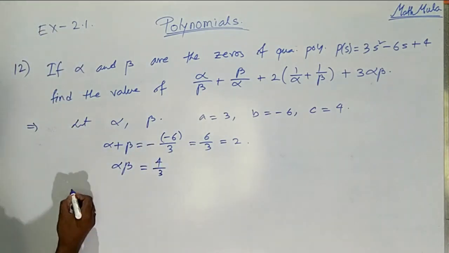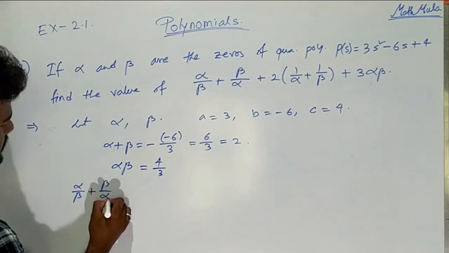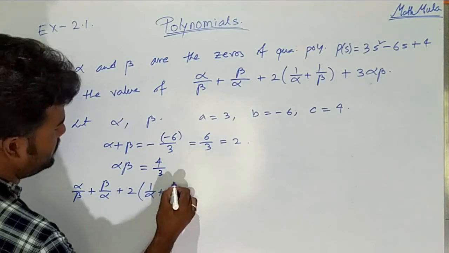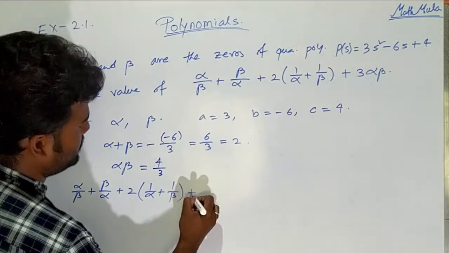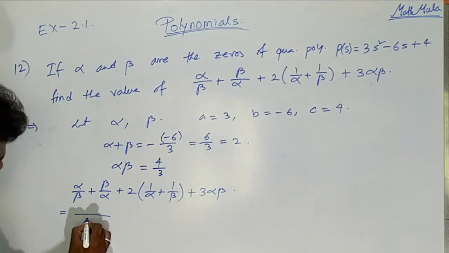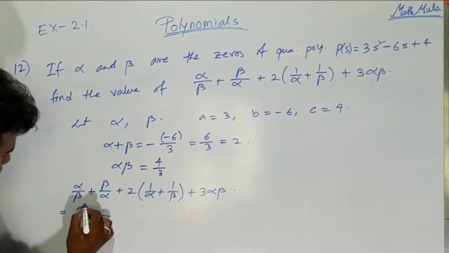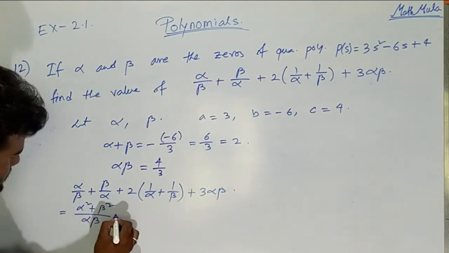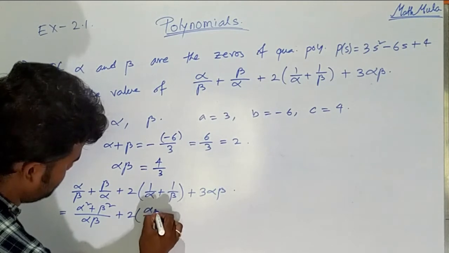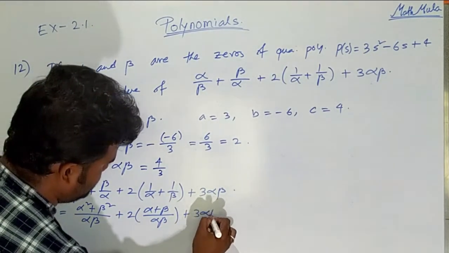Now the given expression is alpha by beta plus beta by alpha plus 2 of 1 by alpha plus 1 by beta plus 3 alpha beta. Now we solve it. The LCM of alpha and beta is alpha beta, that is alpha square plus beta square by alpha beta plus 2 of alpha plus beta by alpha beta plus 3 alpha beta.